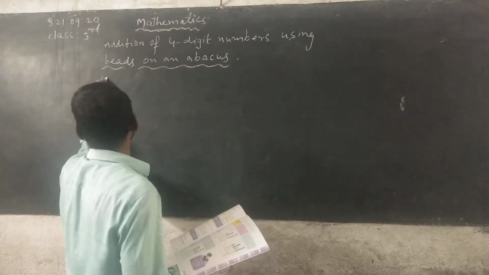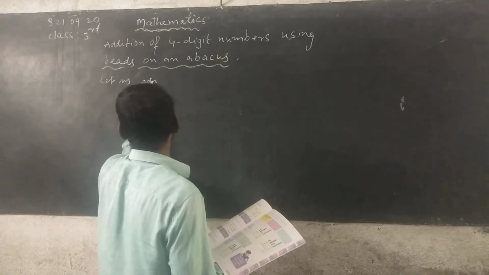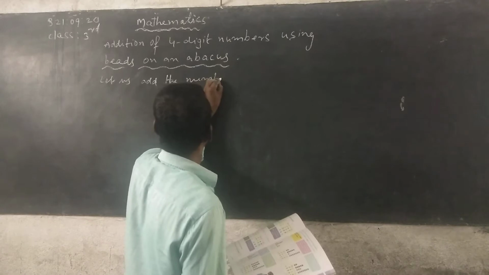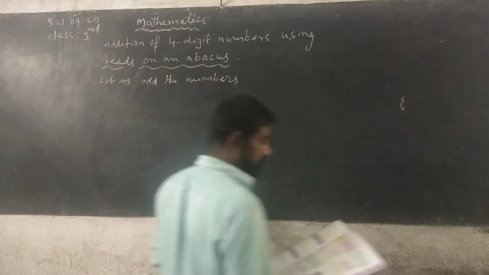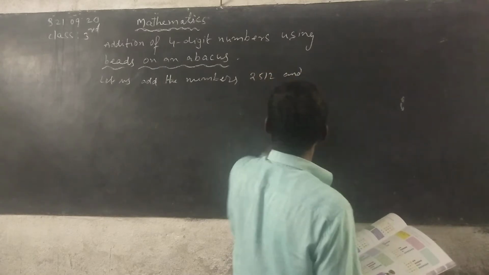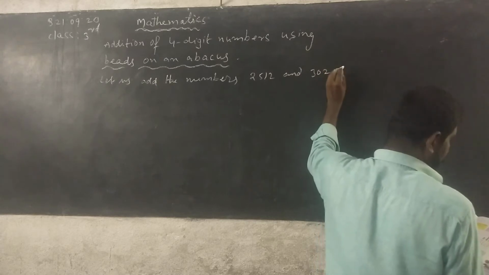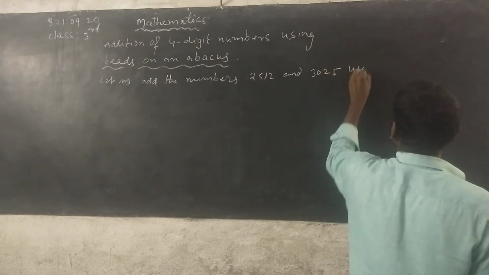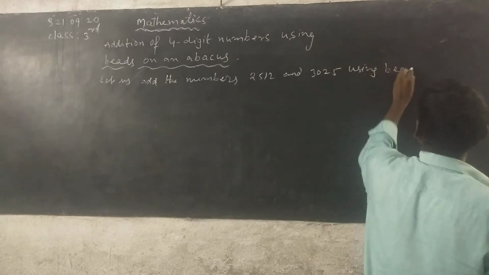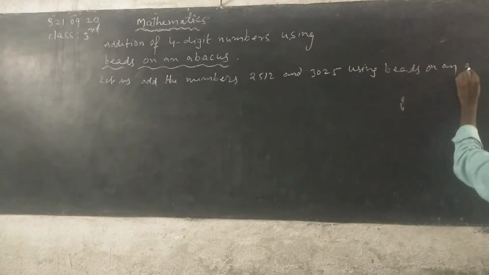Listen carefully. 2,512 and 3,025, using beads and an abacus.